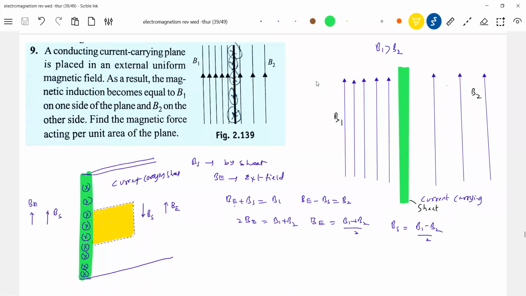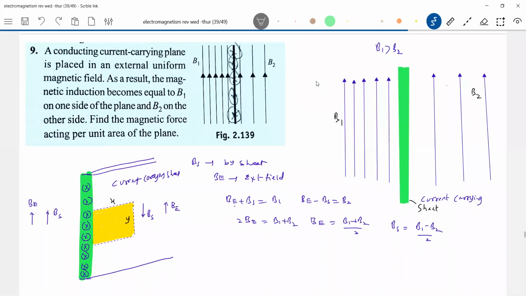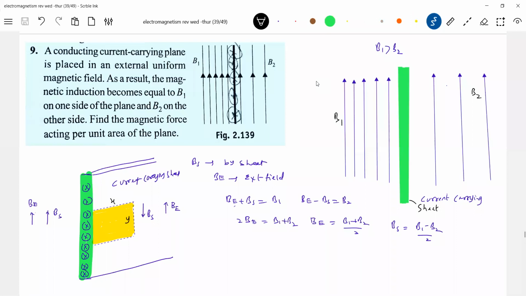So let the length of this sheet be X, this be Y. So what is the area? X into Y. Now, what is the field produced by the sheet? We should know the current, no? Because current is flowing.